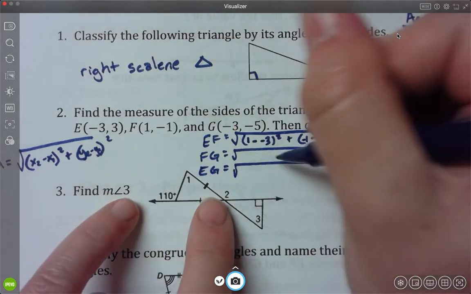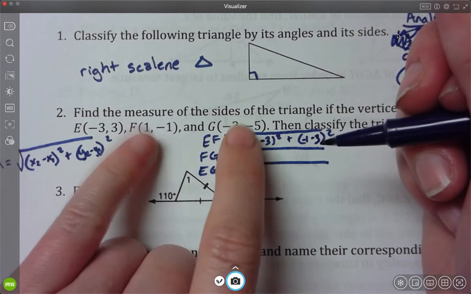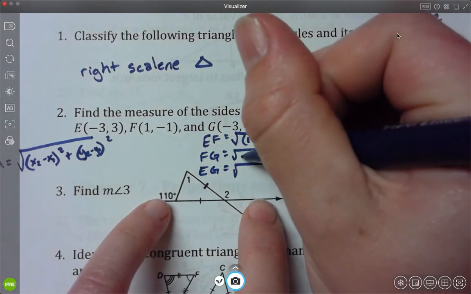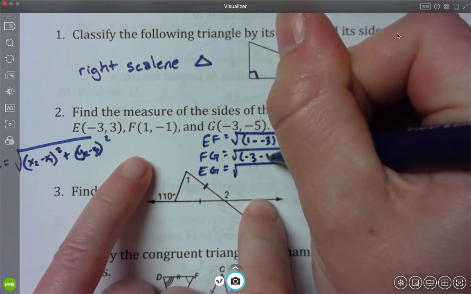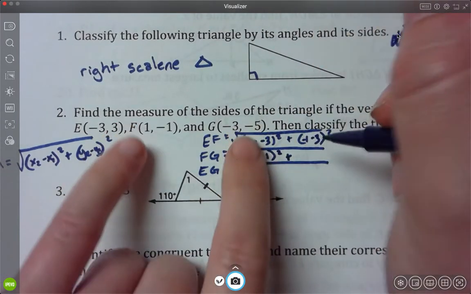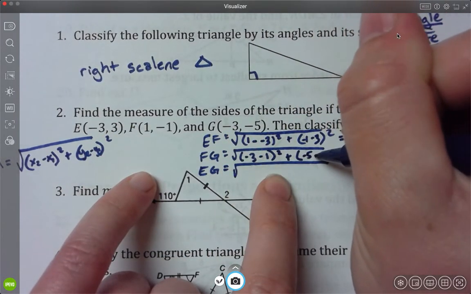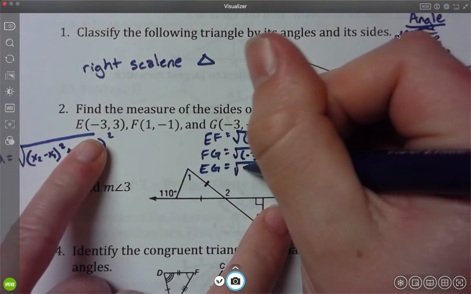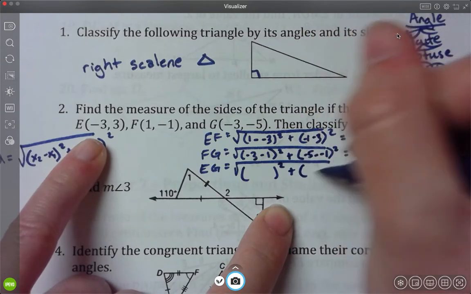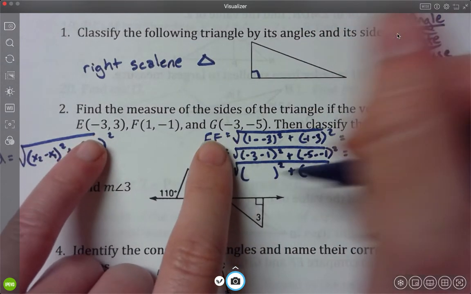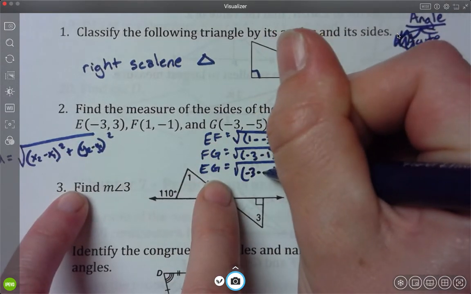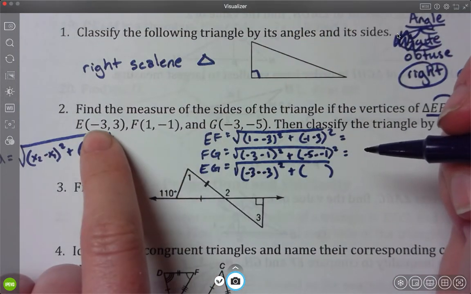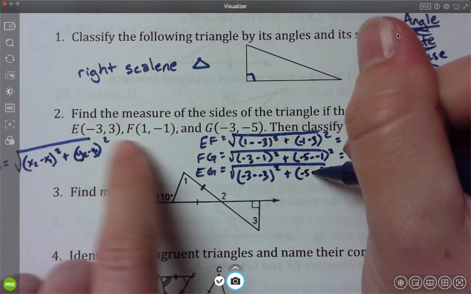Let's go ahead and write out what FG looks like. So FG is going to be negative 3 minus 1 squared plus negative 5 minus a negative 1 squared, and then EG, okay, x2 is negative 3 minus a negative 3, and negative 5 minus 3.